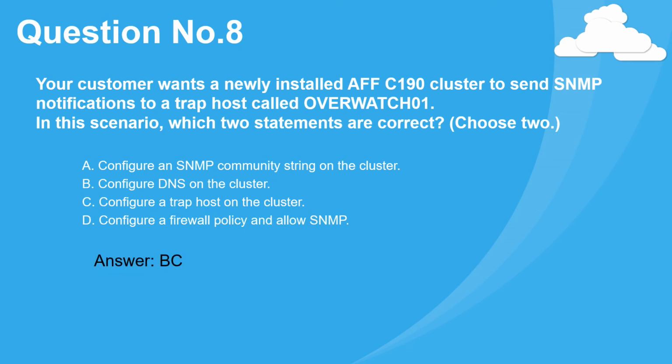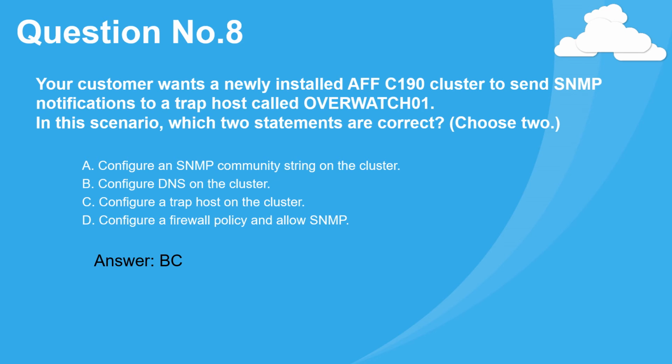Question number 8. Your customer wants a newly installed AFF C190 cluster to send SNMP notifications to a trap host called OVERWATCH01. In this scenario, which two statements are correct? Choose 2.